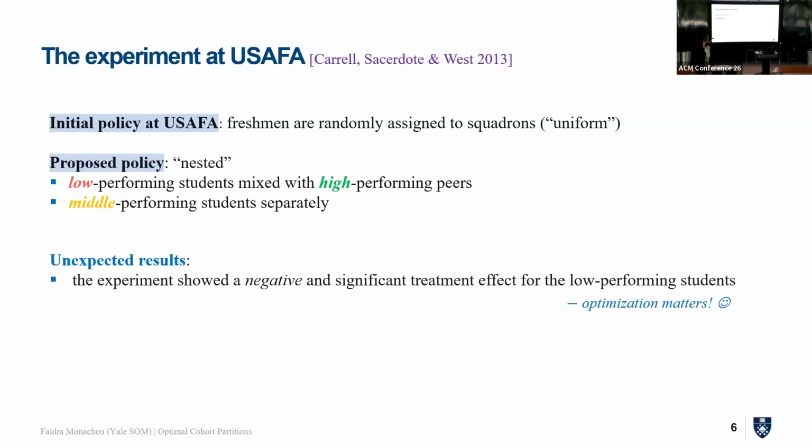The experiment showed a negative and significant treatment effect for the low-performing students, and we don't really know what happened. They have several explanations. They say maybe middle-performing students are something like a social glue for the class. But our theoretical results indicate that perhaps the partition policy was suboptimal.